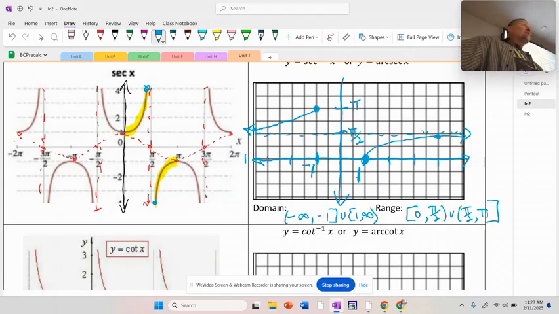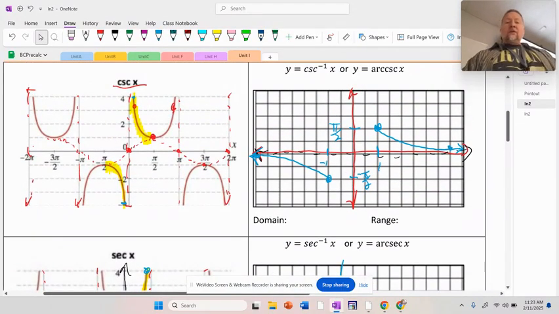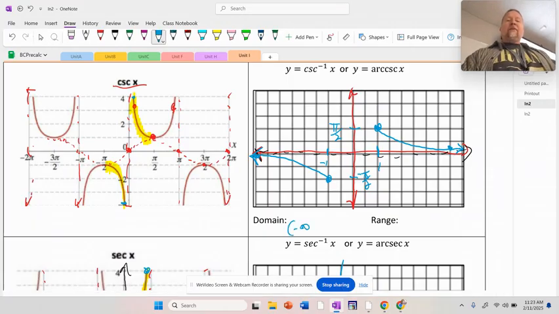That could be a question. And then you'd have to say pi over 2. So I could have an inverse secant of undefined, and you'd have to know that that's where that asymptote is. Okay, so this domain is the range. Same thing. Negative infinity to negative 1, union that with 1 to infinity.